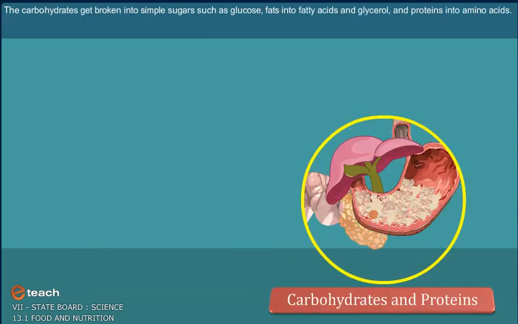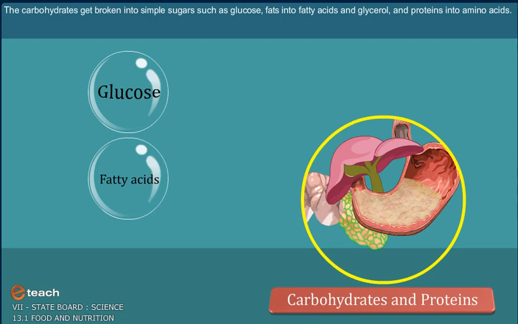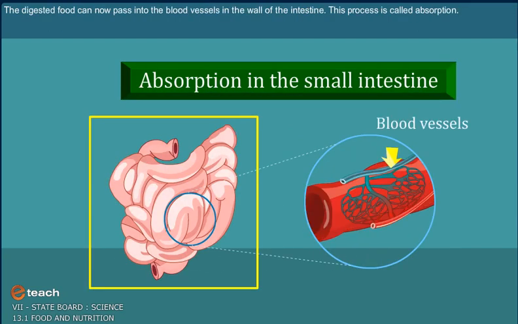The carbohydrates get broken into simple sugars such as glucose, fats into fatty acids and glycerol, and proteins into amino acids. The digested food can now pass into blood vessels in the wall of the intestine.